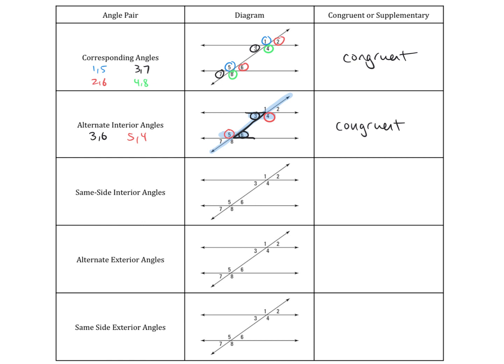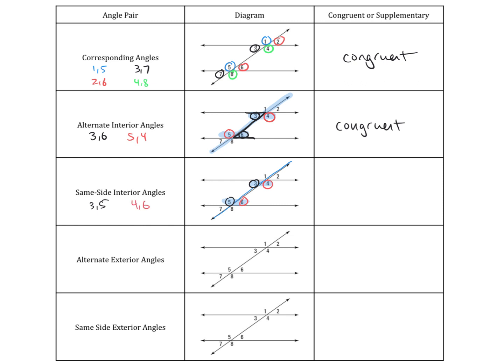Same side interior angles, we're still looking at interior angles inside the parallel lines, but same side of the transversal. So remember, this is our transversal, and on the same side of that line, we would have angles 5 and 3. So that would be a pair of same side interior angles, and our other pair would be angles 6 and 4.